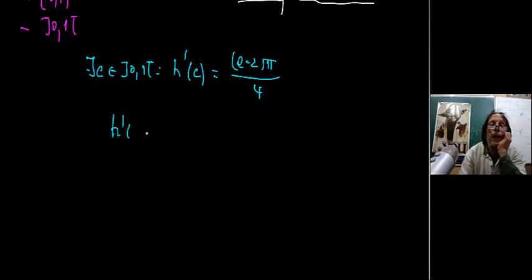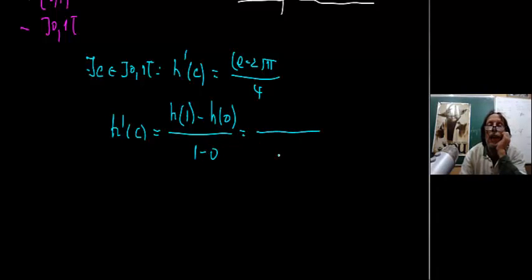h prime of c is equal to h at the point 1 minus h at the point 0, over 1 minus 0. So here I get 1. What is the value of h at the point 1?